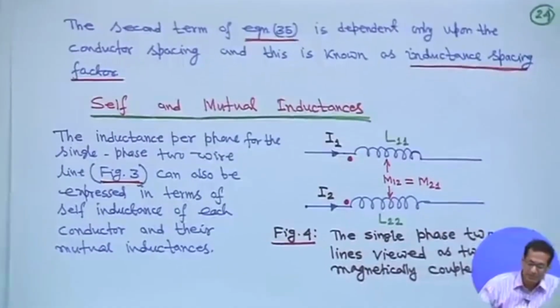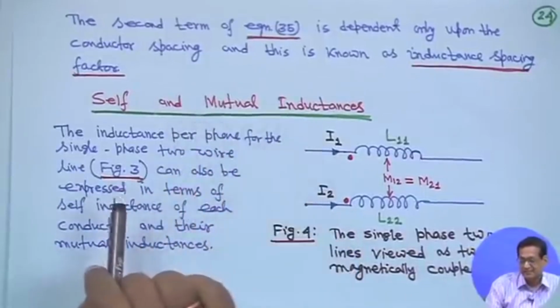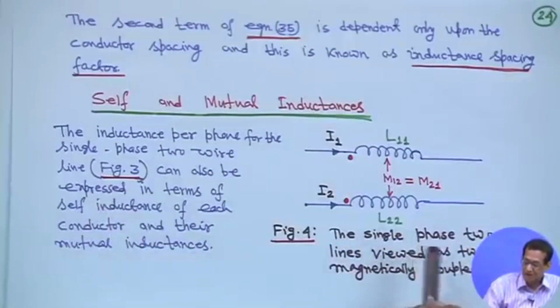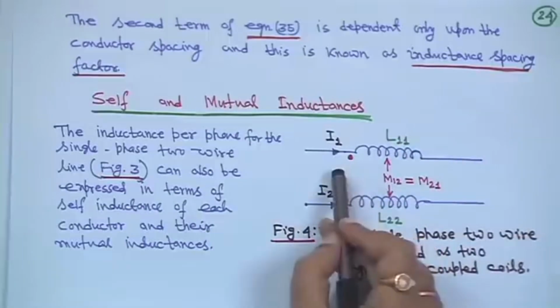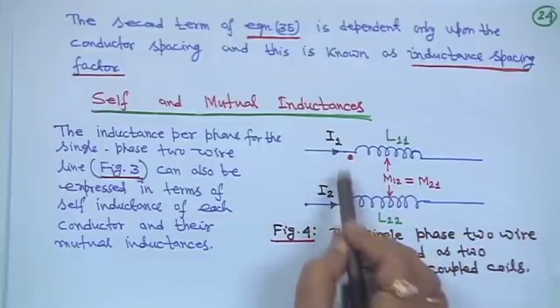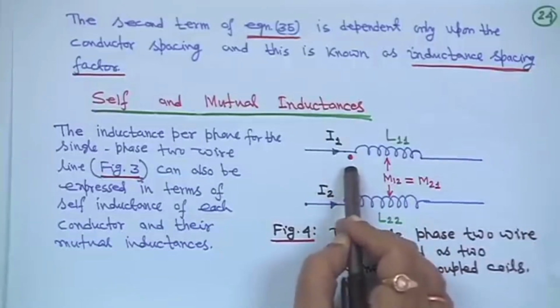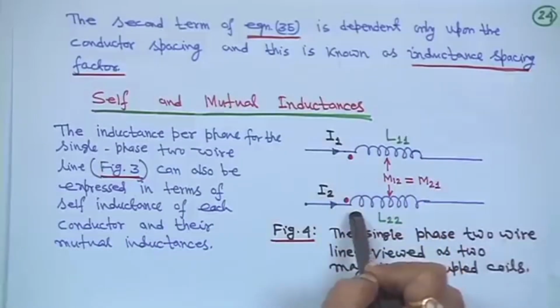Now next will come self and mutual inductance. Suppose you have a single phase 2 wire line viewed as two magnetically coupled coils. With the dot convention, current entering the dot is taken as plus, and leaving the dot as minus, but in this case both dots are taken as entering.